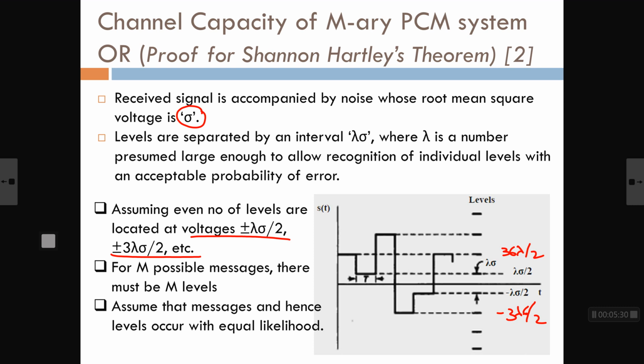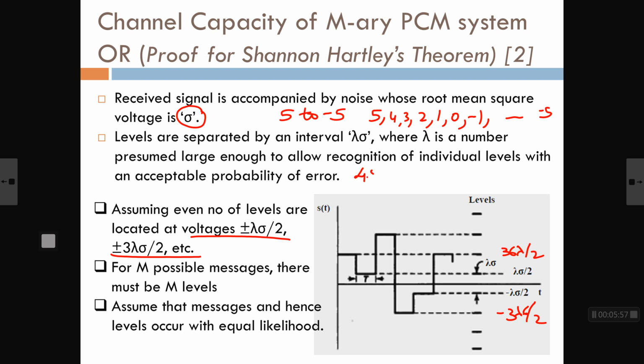The levels would be like 0.5, 1.5, 2.5, 3.5, like that. Otherwise it would be 1, 2, 3, 4, etc. But when you consider 1, 2, 3, 4, supposing you want from 5 to minus 5, how many levels will you have? 5, 4, 3, 2, 1, 0, minus 1 up till minus 5. So it will be 11 levels, 11 meaning an odd number of levels.